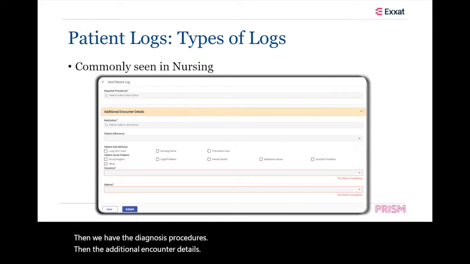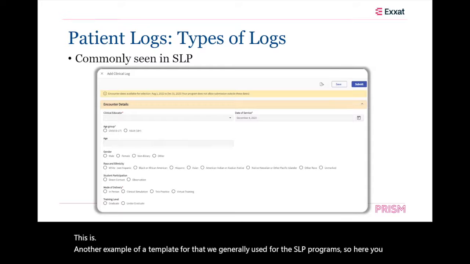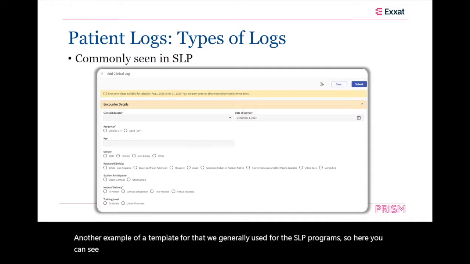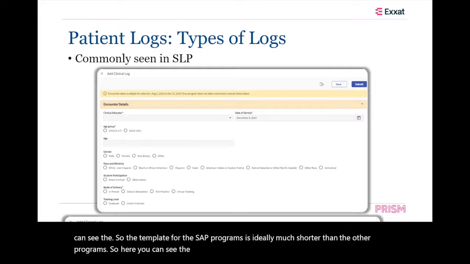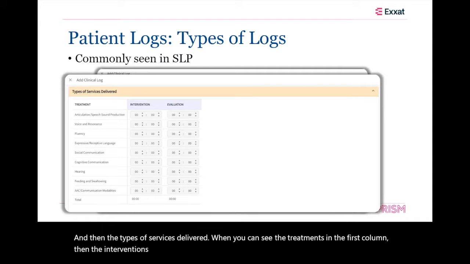Let's move forward. This is another example of a template that we generally use for the SLP programs. The template for the SLP programs is ideally much shorter than the other programs. Here you can see the encounter details and then the types of services delivered, wherein you can see the treatments in the first column, then the interventions, and then the evaluation.